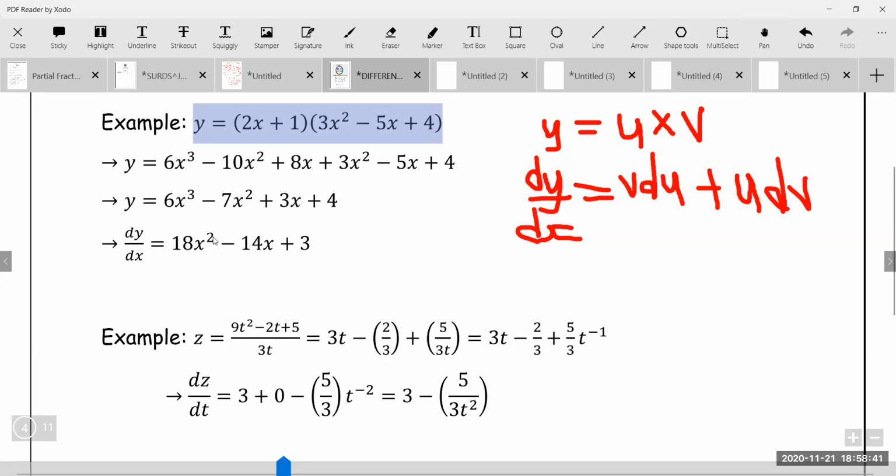Remember, we got 18x squared minus 14x plus 3. We're going to use the product rule now. Just because I'm lazy to write, I'm typing.